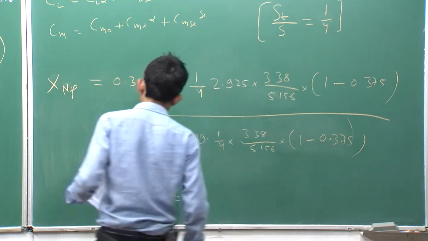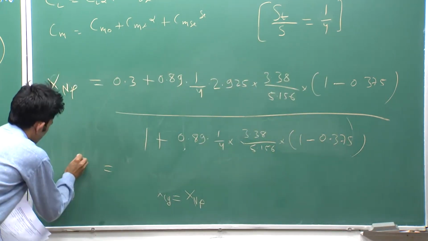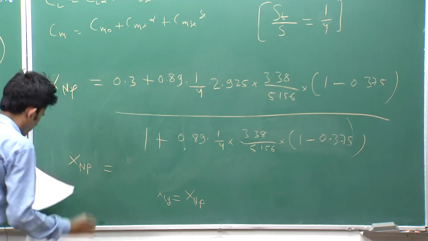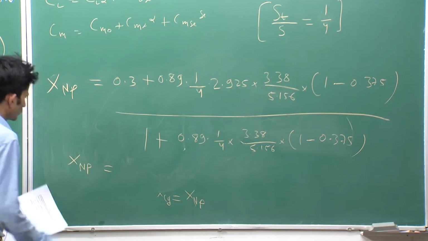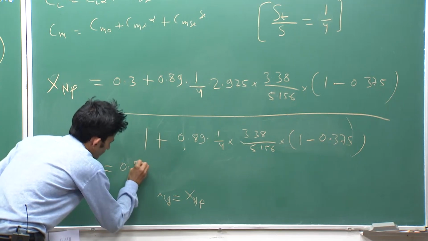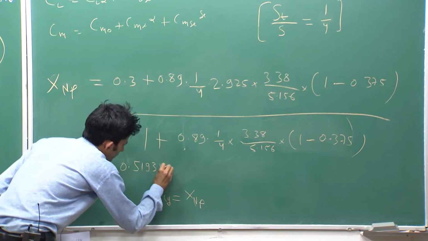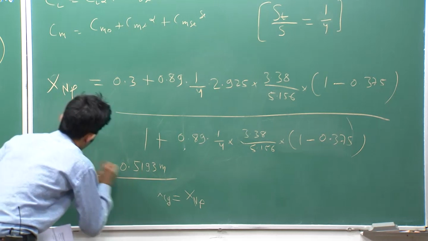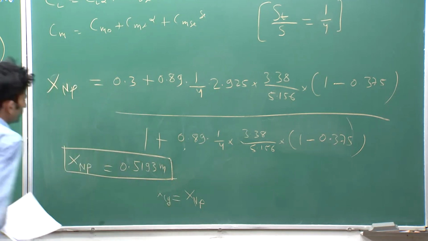So when you solve this, you will get xNP is nothing but 0.5193 meter. So this will be the answer of that question.